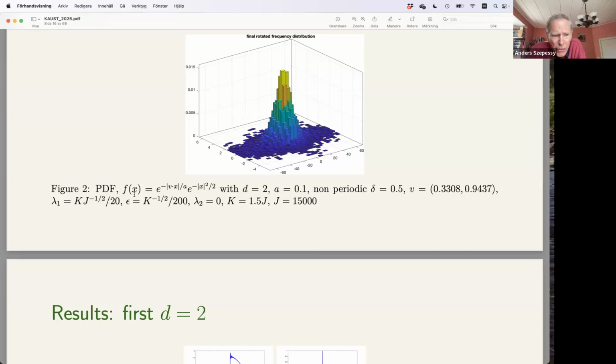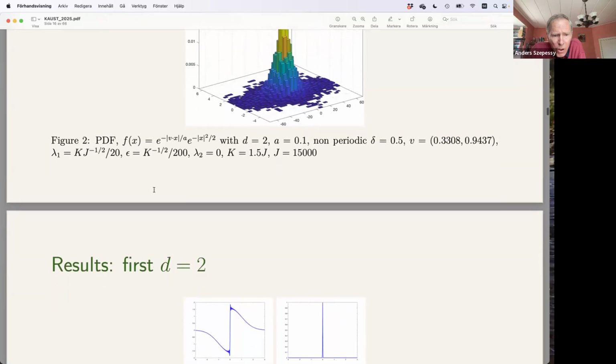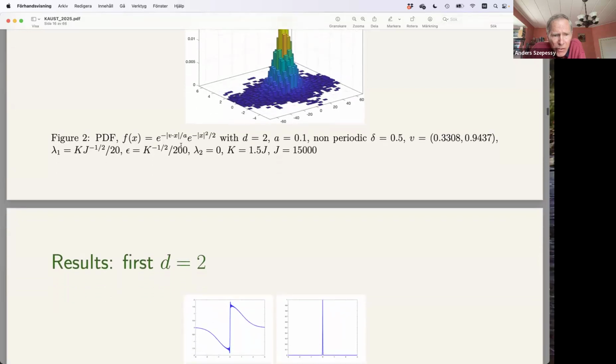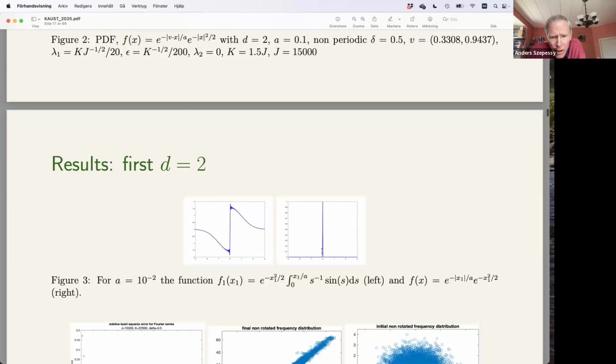So the Fourier transform of this is related to the Cauchy distribution, which decays slowly, 1 over 1 plus omega squared. And so here is this function in dimension 1. This function here is a step.